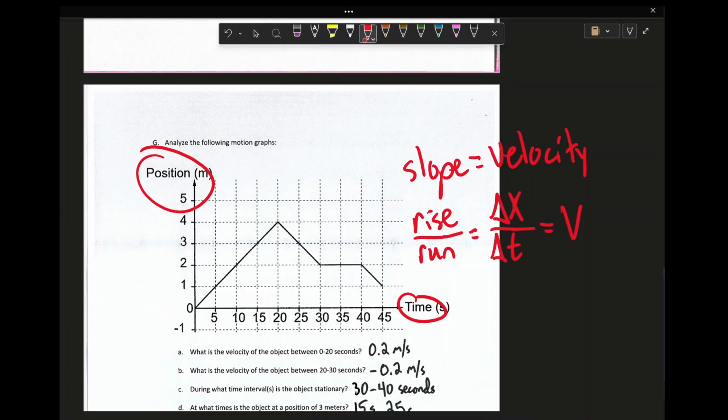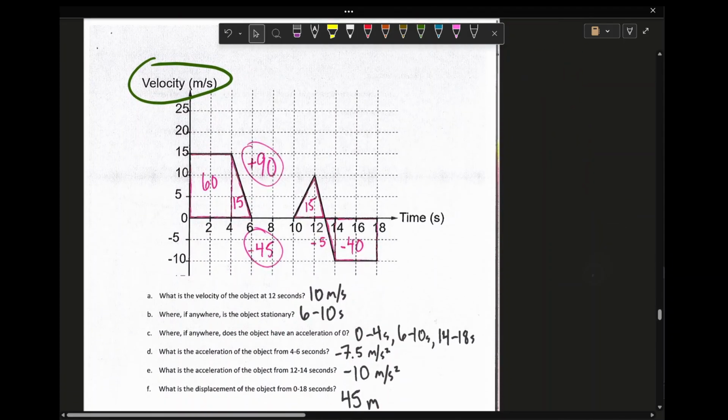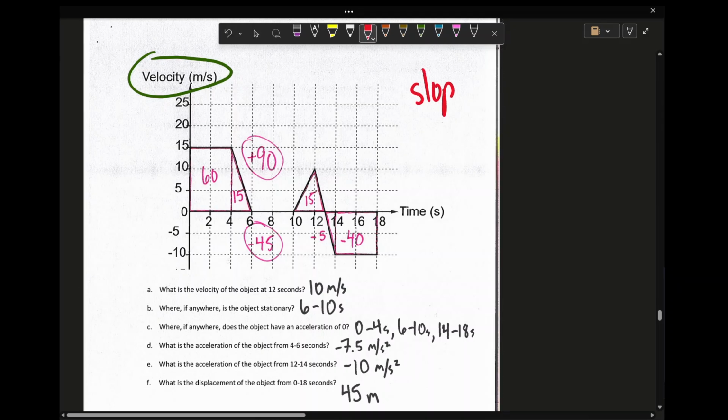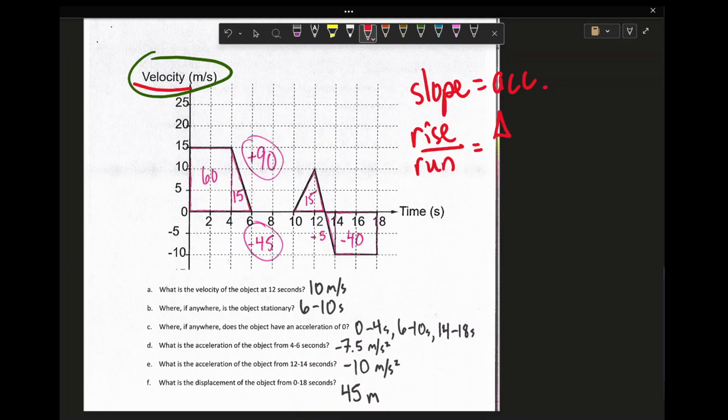Delta x over delta t is the definition of velocity. Kind of a similar thing applies here. In this case, the slope is the acceleration, and it's the same logic, the rise over the run. The rise is the change in velocity, delta v, and the run is the change in time, delta t. Delta v over delta t is the definition of acceleration.